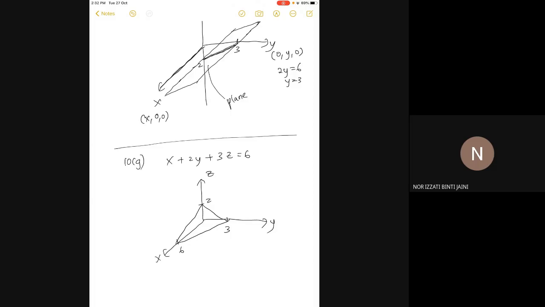Sekejap, madam, if dia bagi koordinat, apa maksud dia bagi koordinat ni? Tak faham.